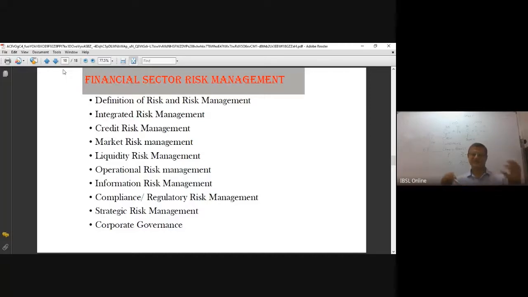Operations include personnel, systems, processes, events. Those may pose certain risks, and managing those events, people, processes, and systems will be dealt with in operational risk management. I also said that since we have different IT platforms and our data needs to be secured, we are also going to deal with information risk management as one module.